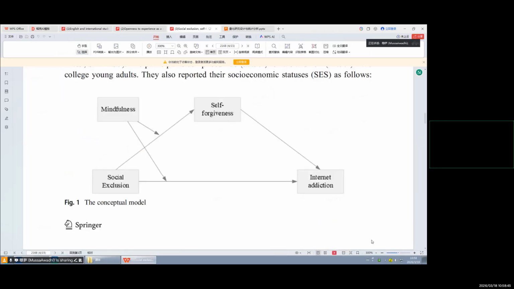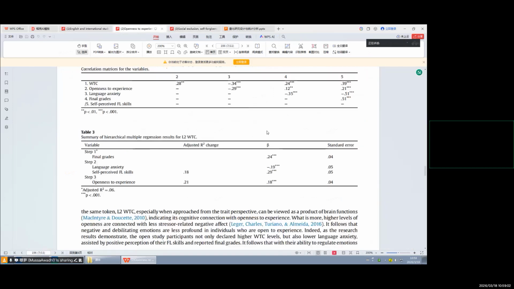Okay, so now you may understand the major difference between this article and the previous one. It's more complex, right? The previous one merely examines the simple direct relationships between these variables and the willingness.